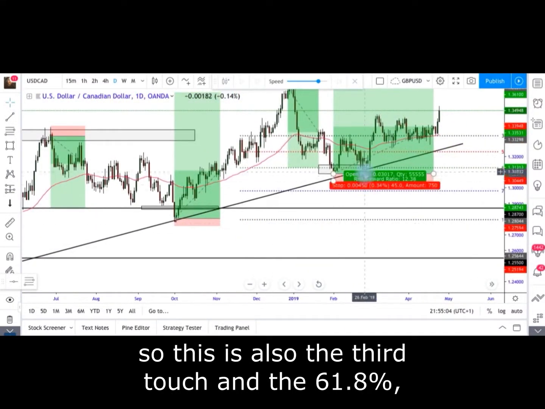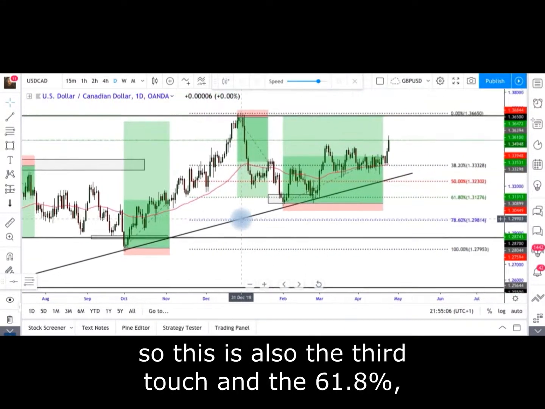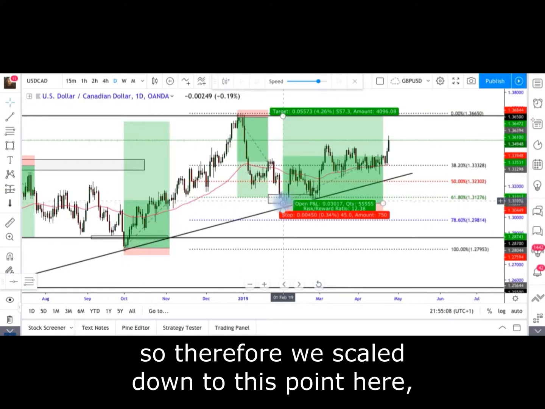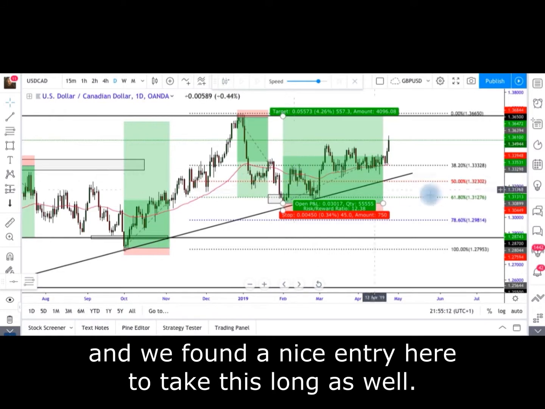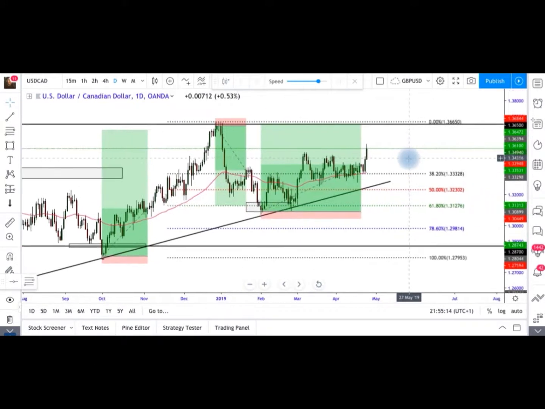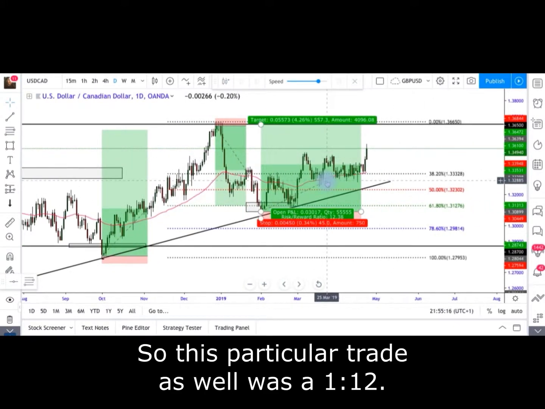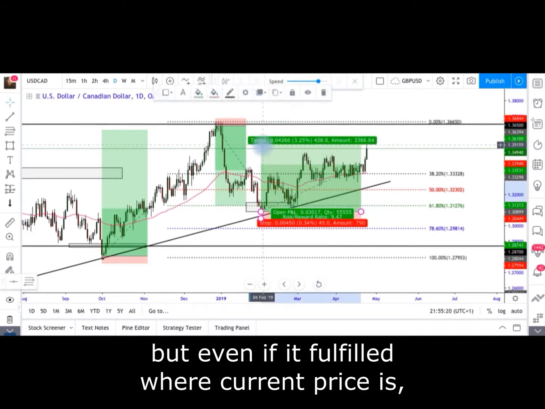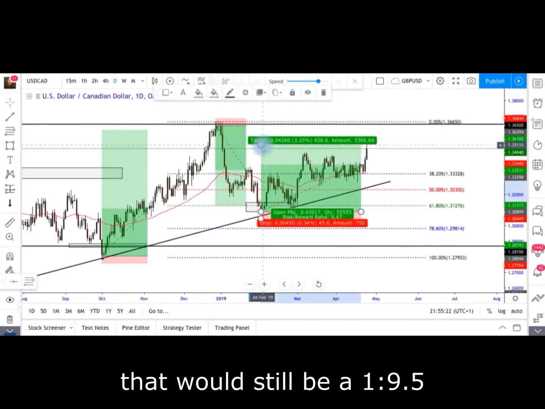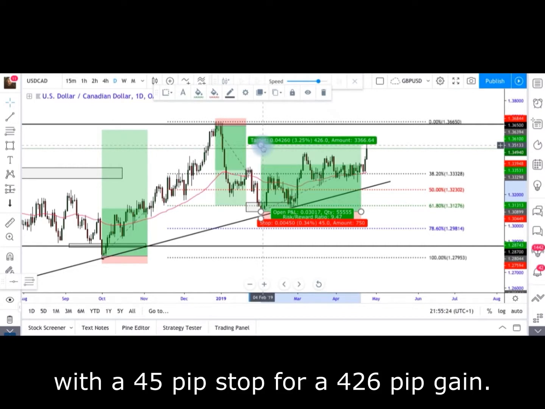So this is also the third touch and the 61.8%. So we scaled down to this point here, and we found a nice entry here to take this long as well. So this particular trade as well was a 1 to 12. Now, it hasn't actually fulfilled target just yet, but even if it fulfilled where current price is, that would still be a 1 to 9.5 with a 45 pip stop for a 426 pip gain.